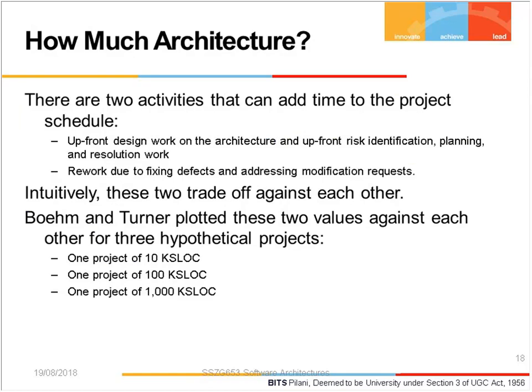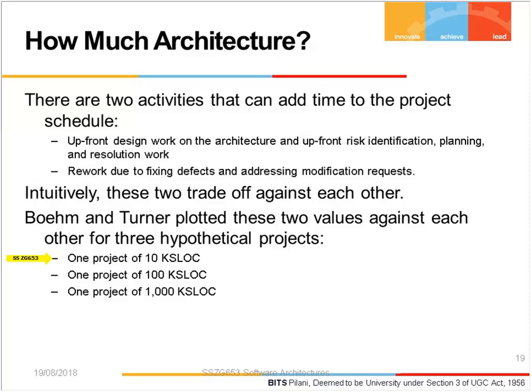Now we talk about how much of effort should be involved in architecture. So your various projects, 10 KS lines of code. KS stands for kilo source, so kilo source lines of code.